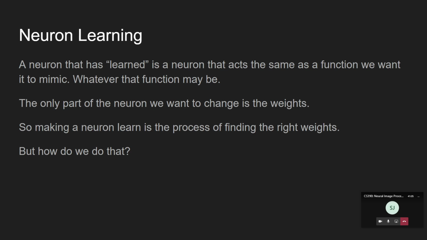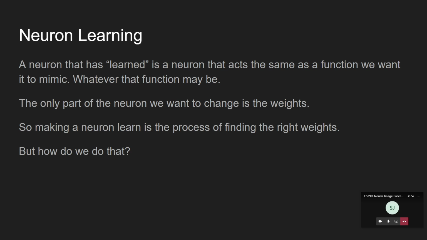And that might be something very simple. Like you could have a neural net that learns how to do certain math equations, and in that case, it's just training it on that function. But it could also be something more implicit, something like the function that classifies images. Anything really that you want to put in a function.